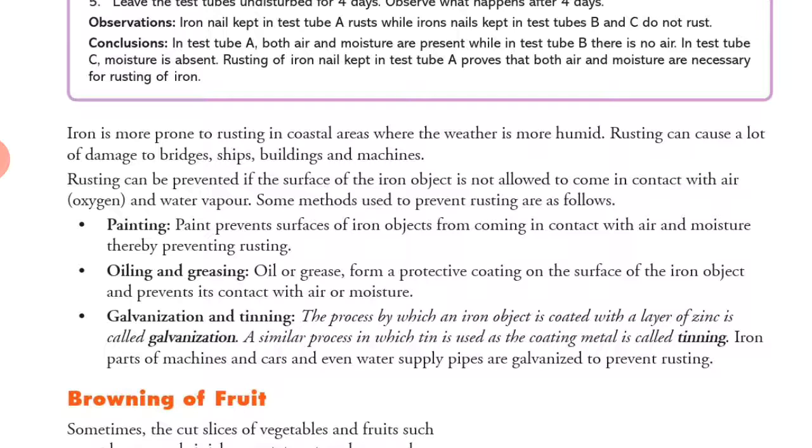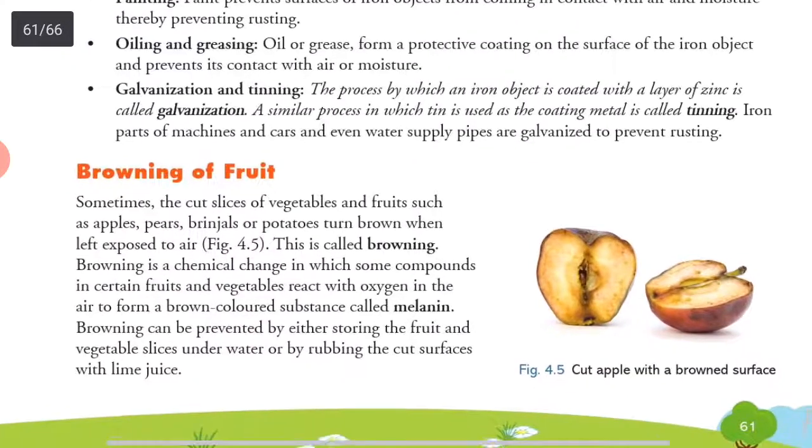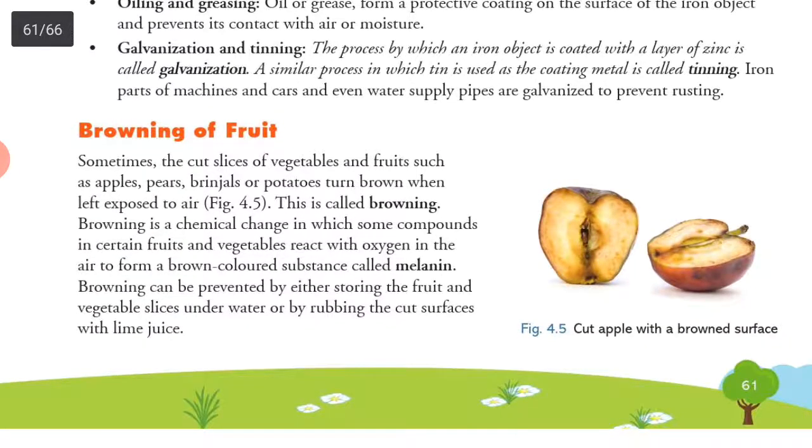Okay. Another chemical change, browning of fruits. Sometimes the cut slices of vegetables and fruits such as apples, pears, brinjals, or potatoes turn brown when left exposed to air. This is called browning.